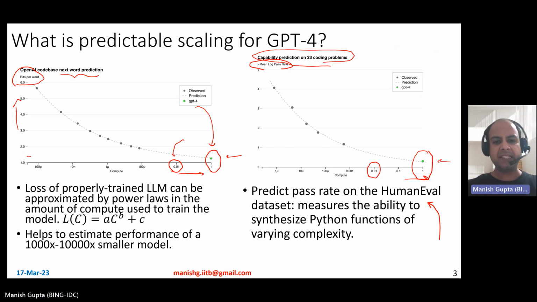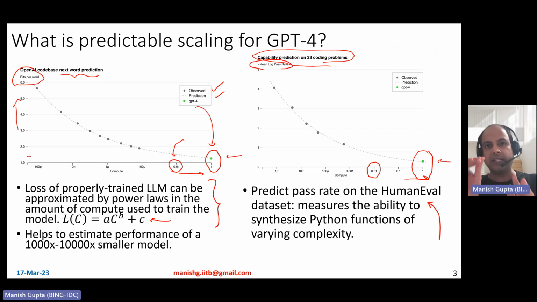The prediction is performed using the popular power law. The hypothesis that they have is that the loss of a properly trained large language model can be approximated by a power law in the amount of compute used to train the model. So this is the popular power law equation, and they plot both the observed and predicted. While they were training, they observed: if I train with just so much compute power, what is the loss I get?